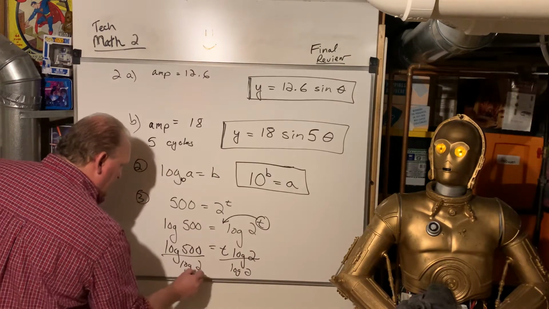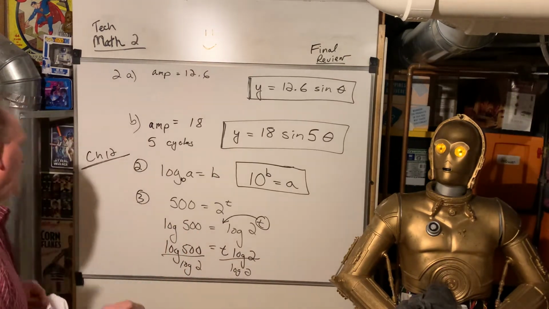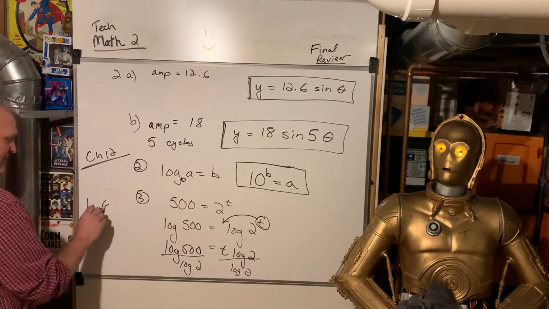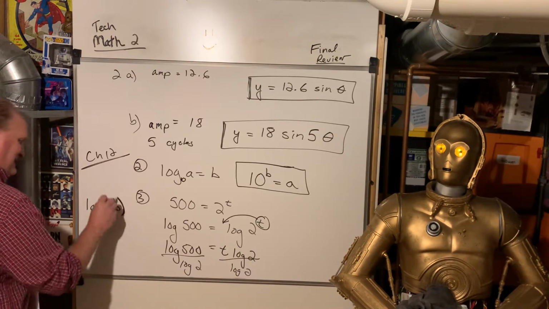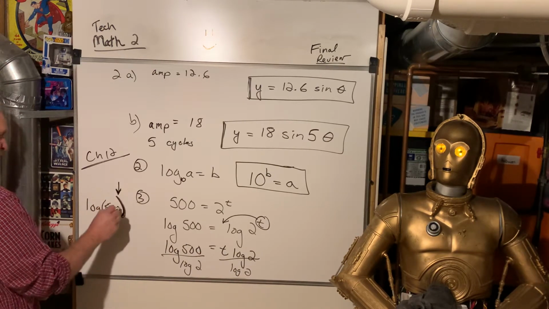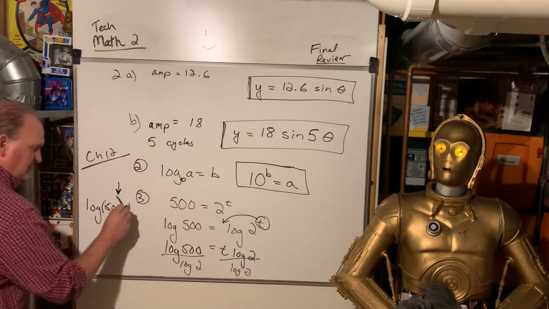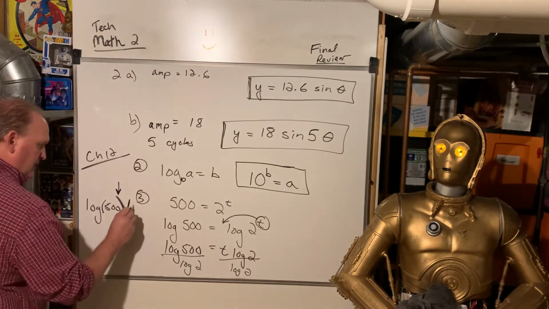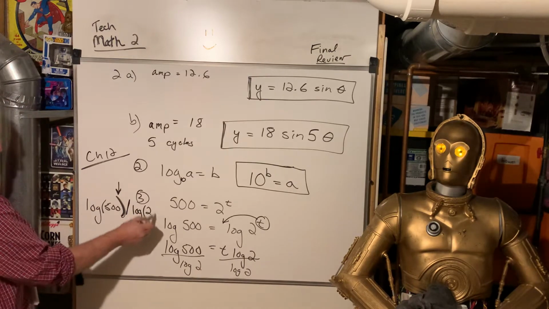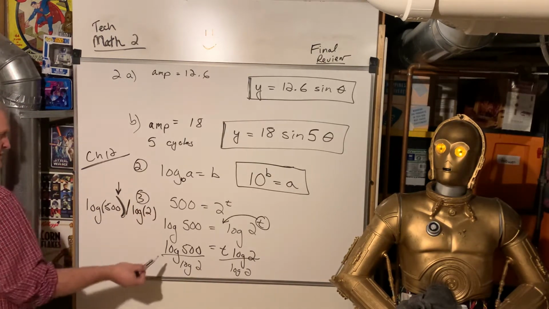What I want you to do right now is do this on your calculator. Because when you type it in, log 500, you have to remember this end parenthesis. Very important. Muy importante on that one. Divided by log 2. That last one, it doesn't really matter if you do the parenthesis or not. I usually do it anyway.